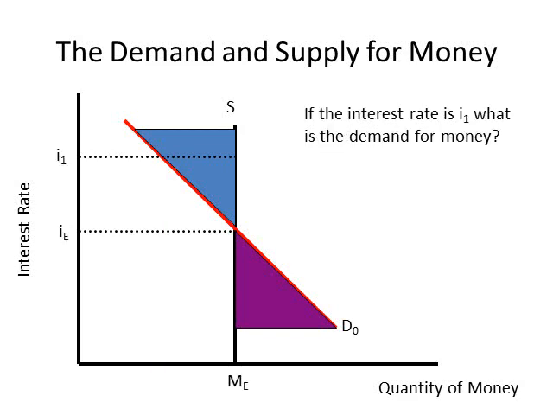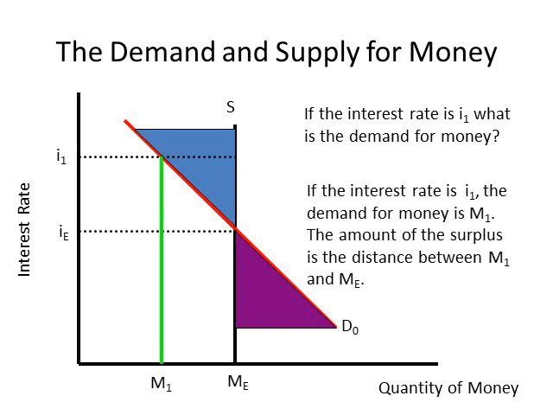Let's look and see how the economist views this. If the interest rate is I1, then we need to draw a line from the point where I1 crosses the demand curve for money to the quantity of money axis. In this example, the place where the I1 interest rate crosses the demand curve is at M1.